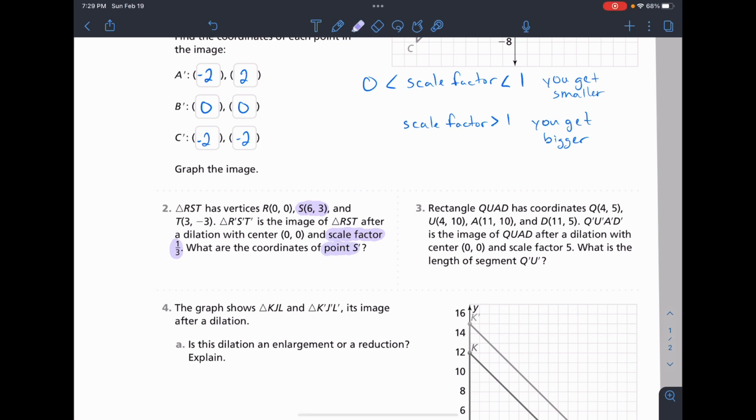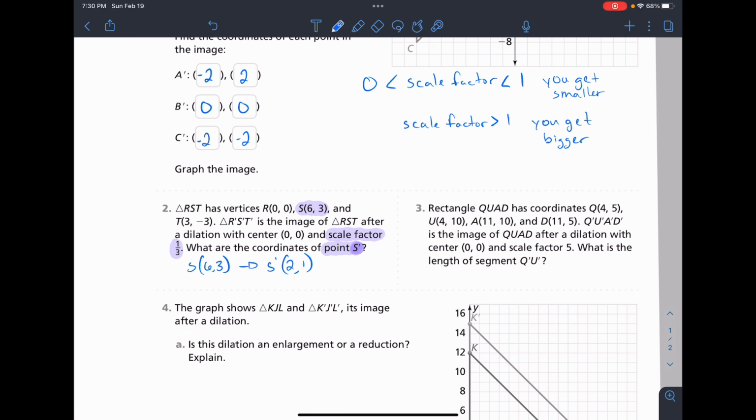If we look at S, which is located at 6, 3, we would need to multiply both of those coordinates, 6 and 3, by 1/3. So if you multiply 6 and 3 by 1/3, you get 2, 1.